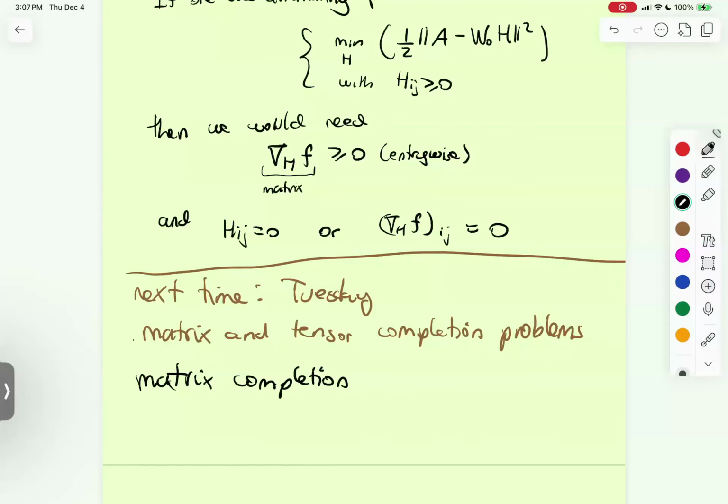Again, this matrix completion is related to the Netflix problem, which was a real problem. Netflix literally offered $1 million to anyone who would improve the algorithm. This happened maybe 10, 15 years ago, I don't remember the precise date.